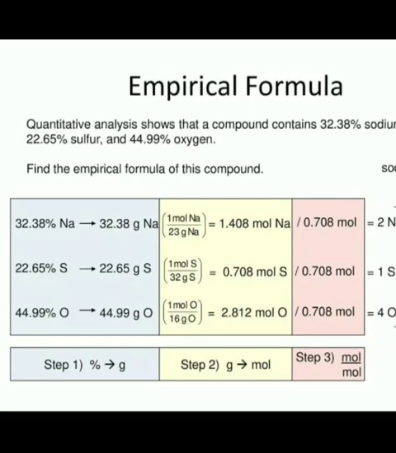In the next column you write the atomic ratio, that is the percentage composition divided by atomic mass. For sodium, 32.38 divided by 23, you get 1.408. Next, for sulfur, the percentage is 22.65 and atomic mass is 32, when you divide you get 0.708.